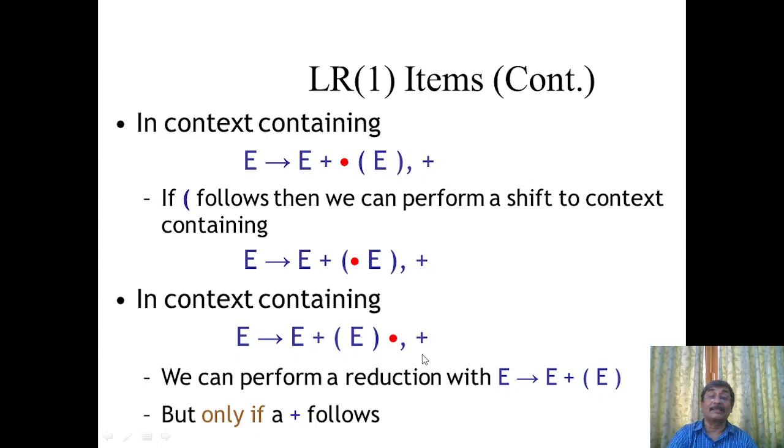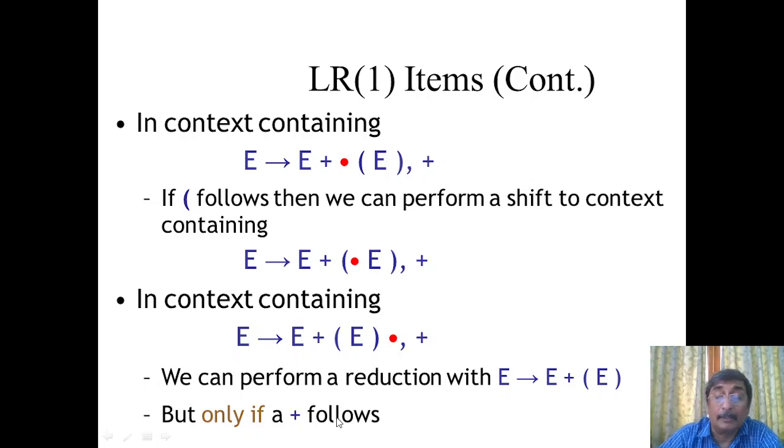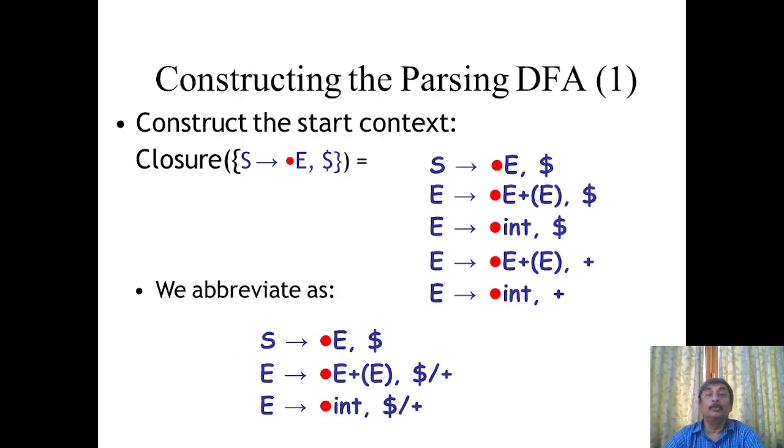But this plus says that you can perform a reduction only when this plus follows, when this plus is the input symbol. Again, all this will be amply clear as you go ahead.